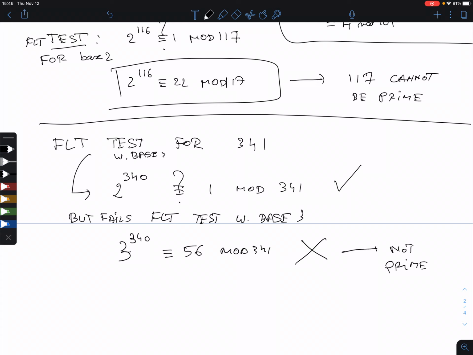Numbers that pass the test, like this number, so this is true, right? So let me erase the question mark. Numbers that pass the test but are not prime are called pseudo-primes. I'll write it down. It's a pseudo-prime with respect to base 2.